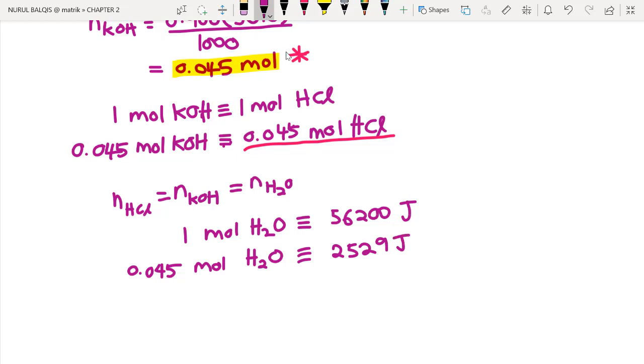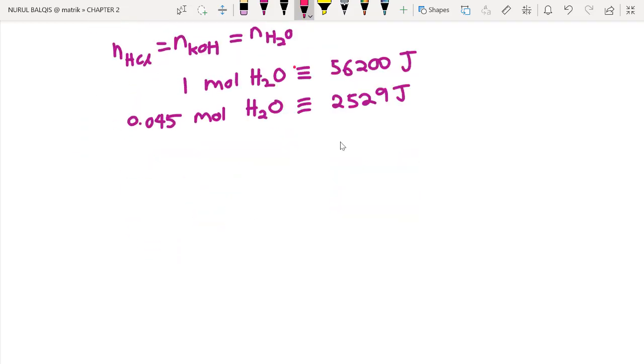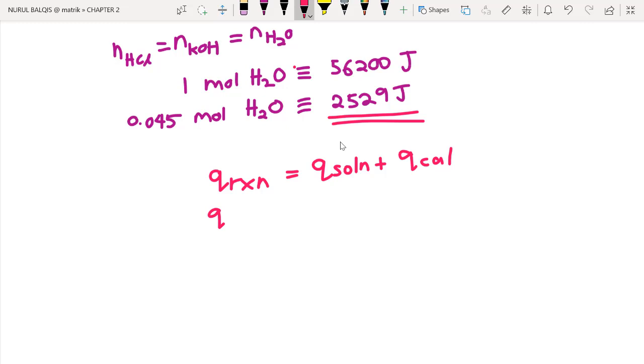We want to find the final temperature. Now we substitute this Q reaction value into the formula of a constant pressure calorimeter, where Q reaction equals Q solution plus Q calorimeter. Since the question already gives information regarding both the solution and the calorimeter, we need to include both factors in the calculations.